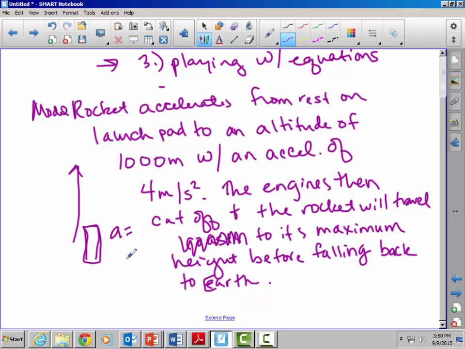So I want to know a few things. I want to know what is that maximum height, and I want to know the time it takes for the rocket to come back down to Earth. Time for descent.